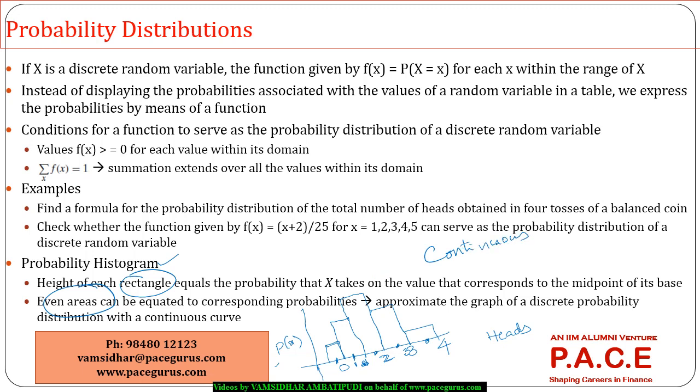Instead of height, the area under the graph is typically taken as a measure of probability. So for all continuous distributions, the area is taken as the probability. Even here, we can very well go ahead with considering the area instead of the height as a measure of probability of that particular value associated with the random variable.